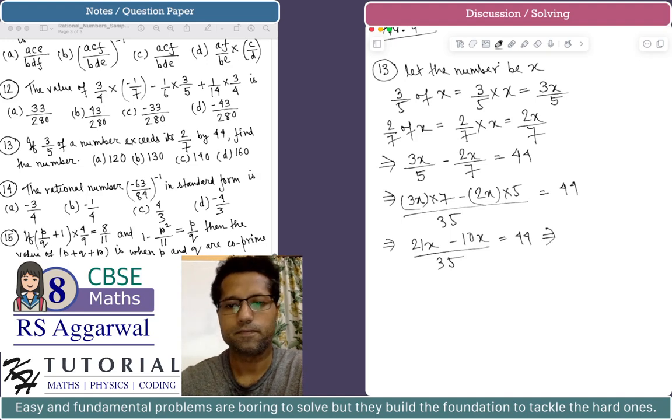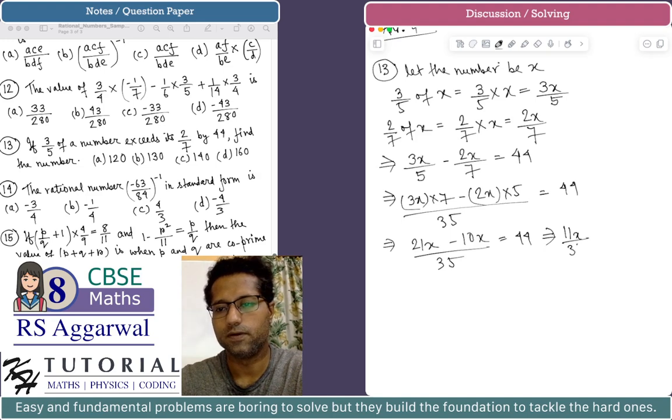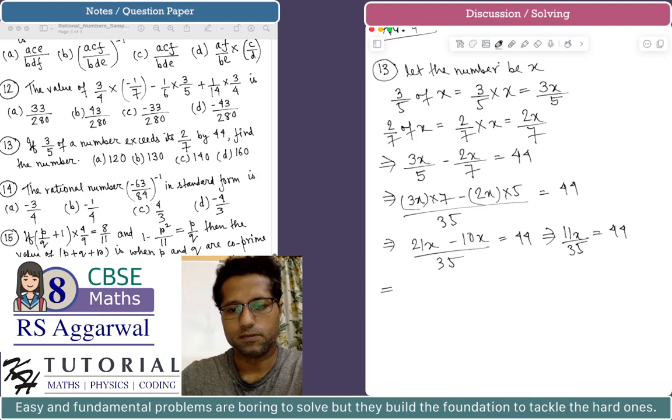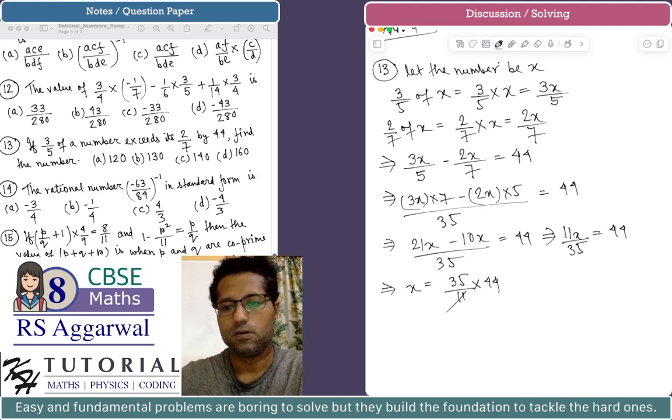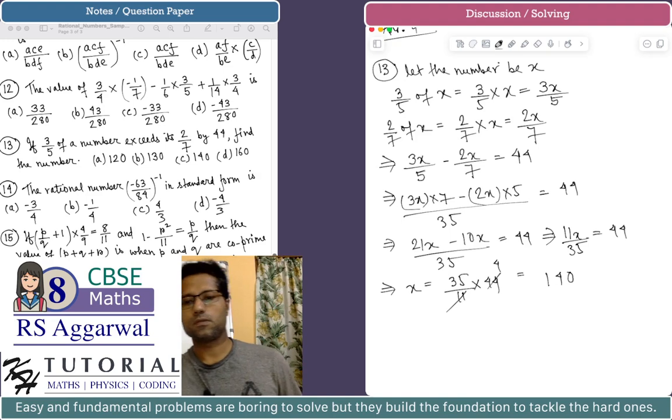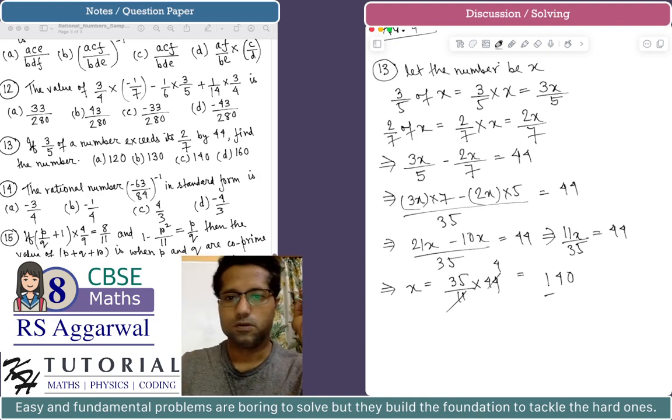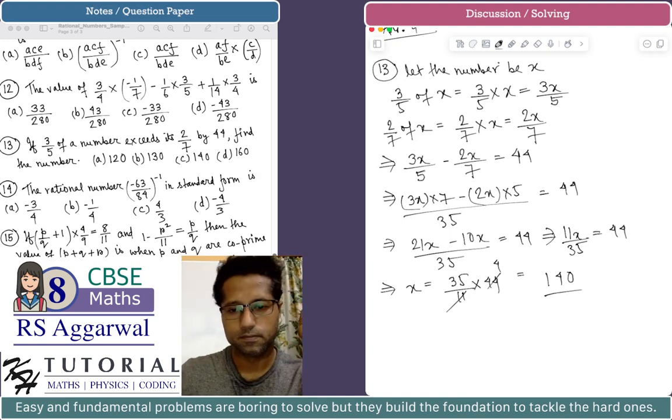This implies 11x by 35 equals 44. So x is equal to 35 by 11 multiplied by 44, which is 140. So the number is 140 and the correct choice is C.